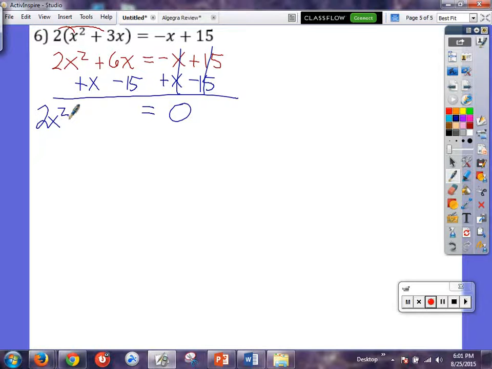We have 2 x terms. If you add them right here, you get 7 x's. And then we have 15 minus 15.